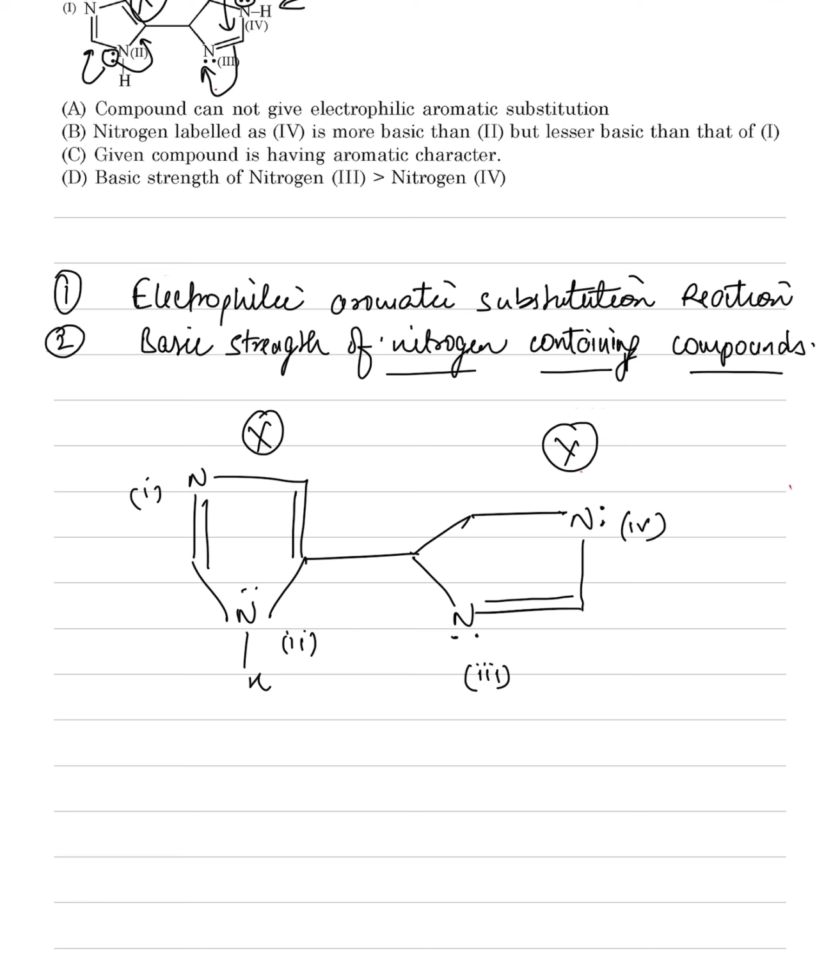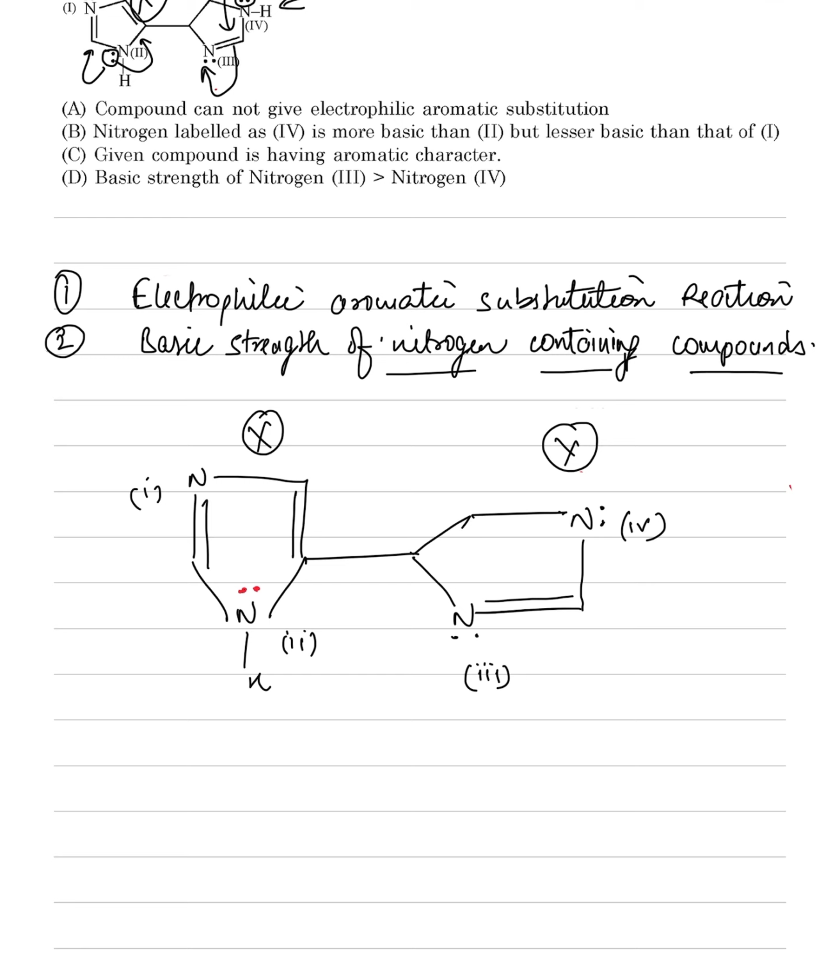Because of that, the availability of the lone pair in the case of second nitrogen is very less as compared to the availability of the lone pair in the case of fourth nitrogen.